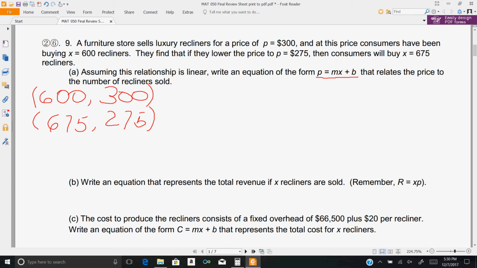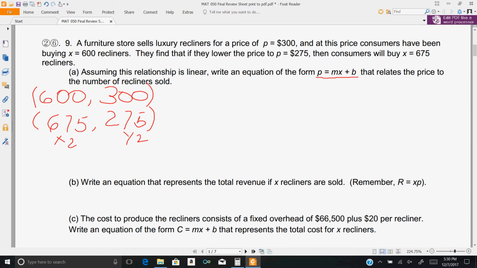So I've got 2 points. That gives me an x1 and y1, x2, y2. I can calculate the slope by doing the change in y. I'm going to make this y2, and I'll make this x2. It doesn't really matter whether it's 1 or 2, but if 275 is y2, then 675 has to be x2.